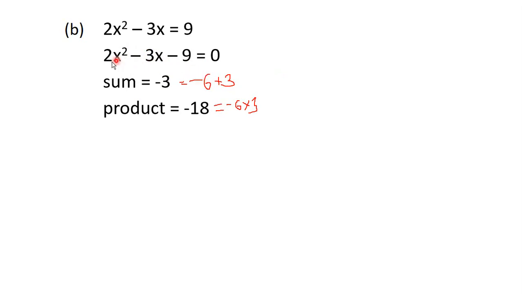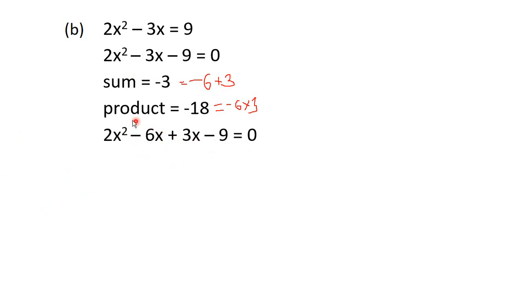Or we can have 2x squared plus 3x minus 6x minus 9 equal to 0. So let us have the former, that is 2x squared minus 6x plus 3x minus 9 is equal to 0.